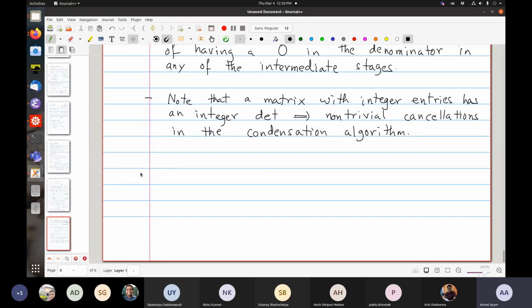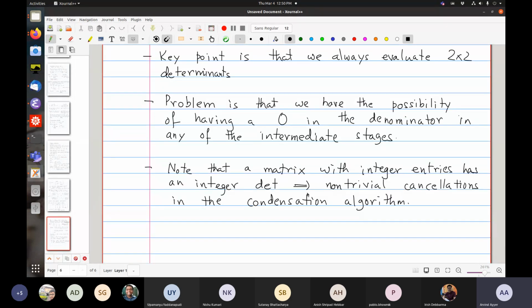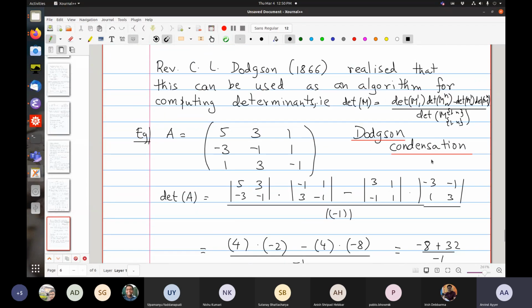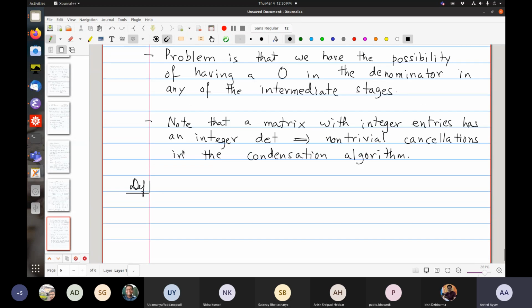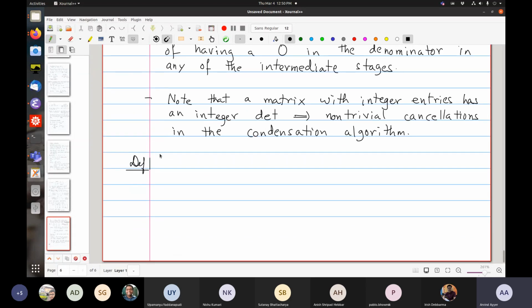So the starting point for the invention or discovery of alternating sign matrices is Dodgson condensation. Here is the definition. There are many generalizations of the determinant. One natural generalization is to tweak this formula. This is called the lambda determinant.